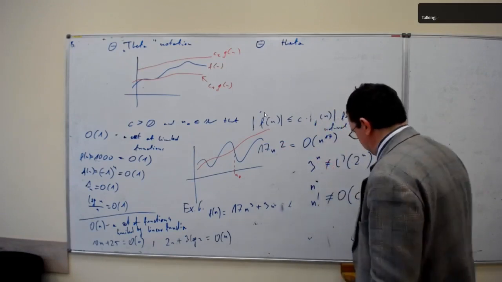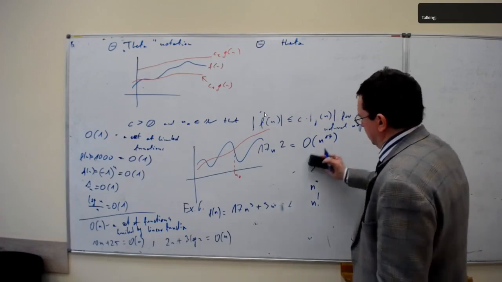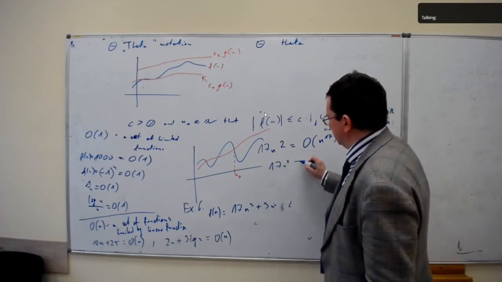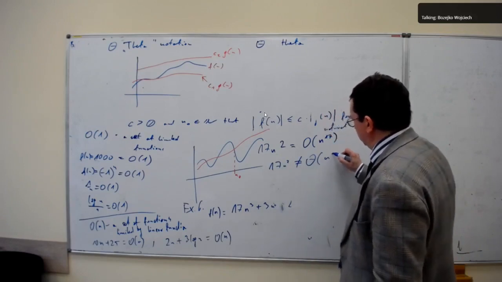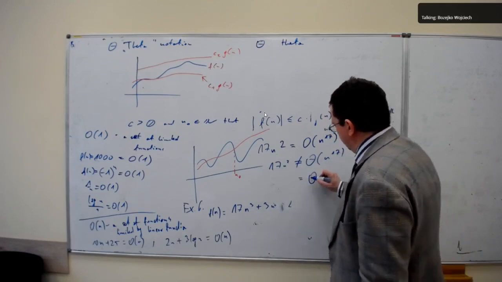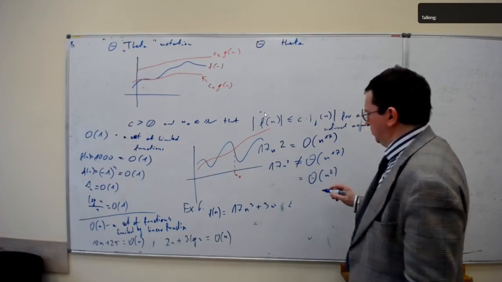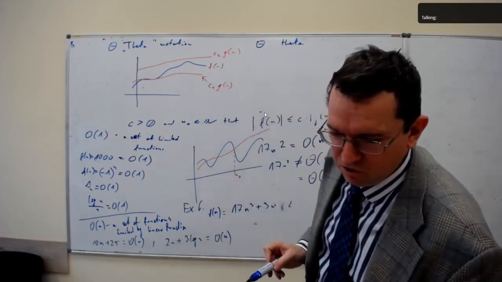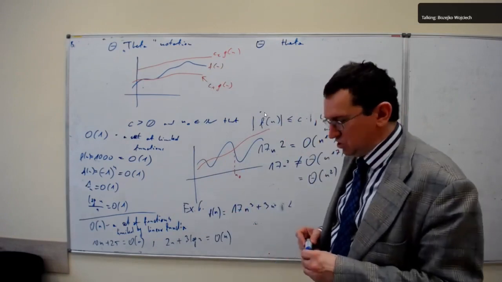This is true, yes, because this is an upper limit. But in notation of theta, 17n squared is not theta of n to the power of 17. This is theta of n squared, because you should have upper and lower limit of the same bounding function.